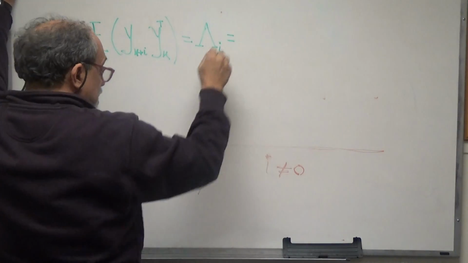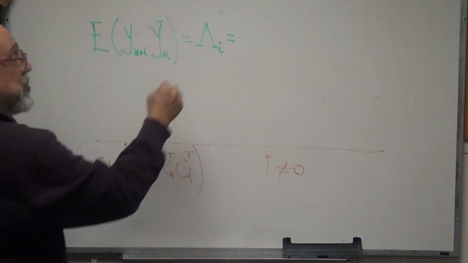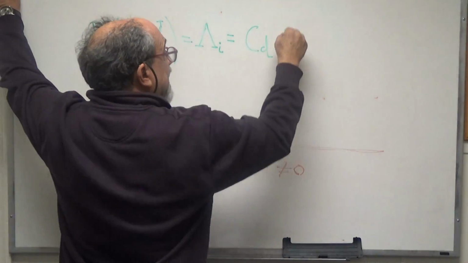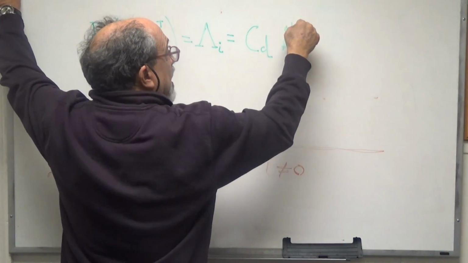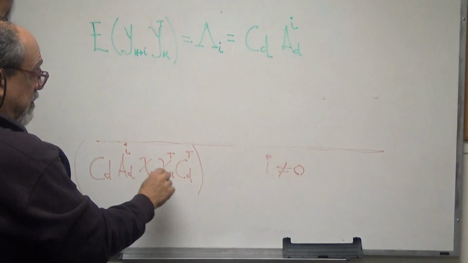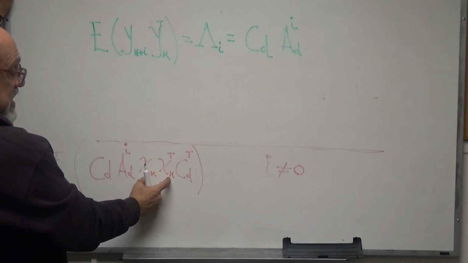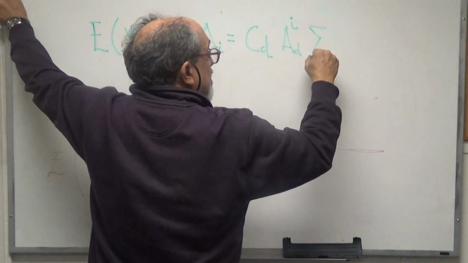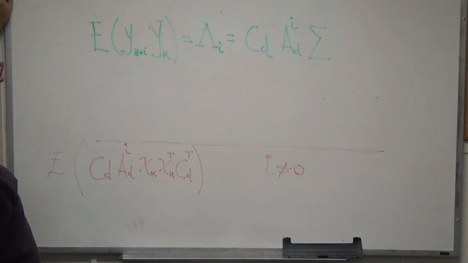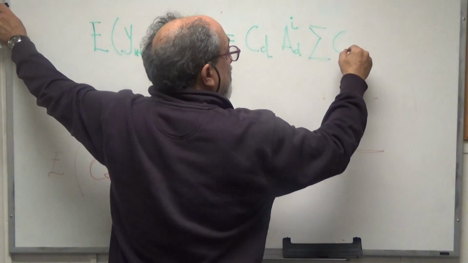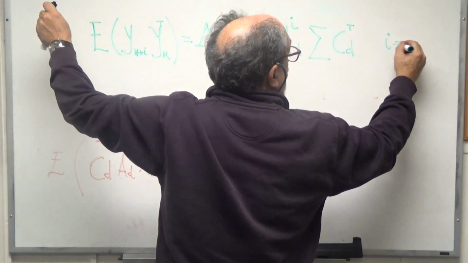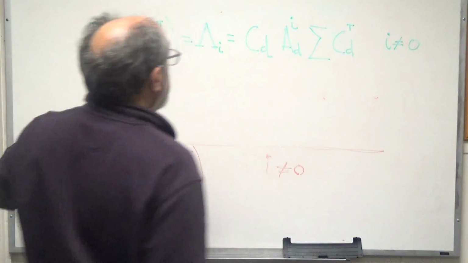And that has been shown, unless I is equal to 0, to be CD multiplied times AD to the I multiplied times the expectation of xk xk transpose, which is sigma, the covariance of the state, and then CD transposed, for I not equal to 0.